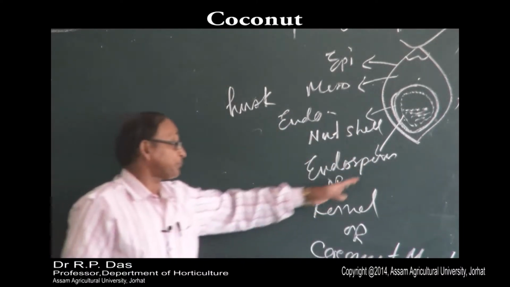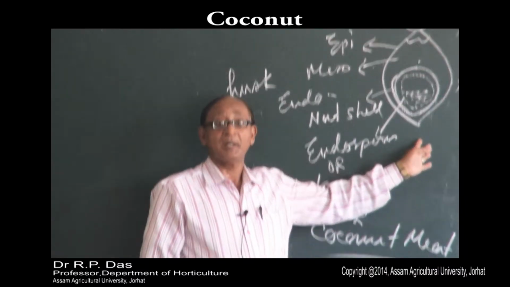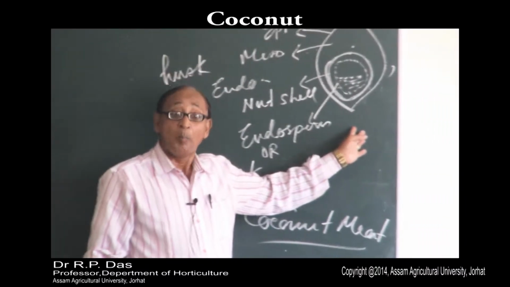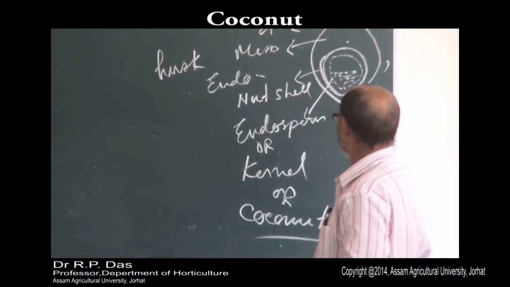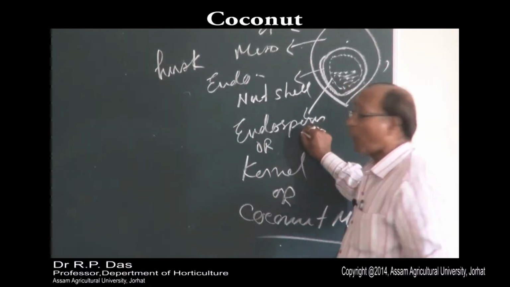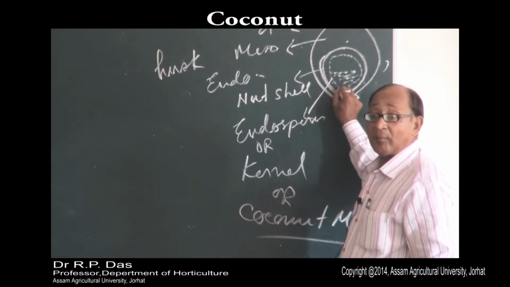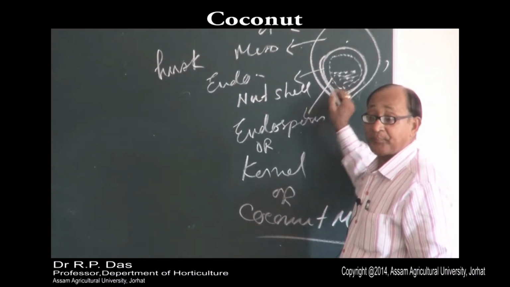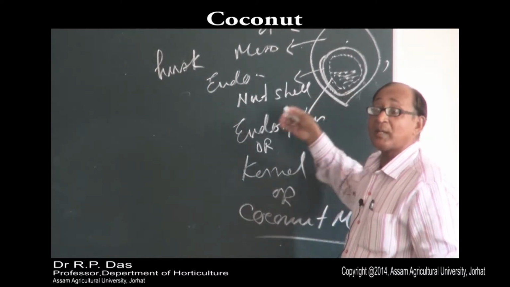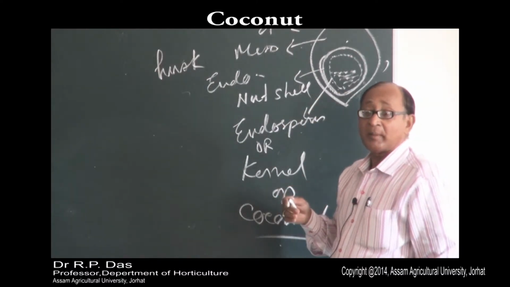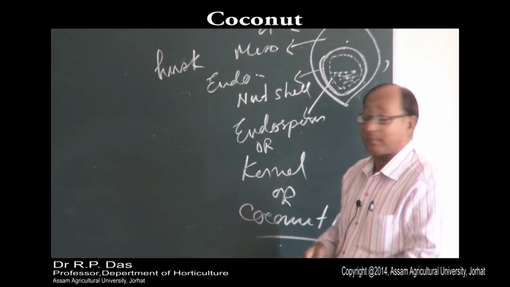So, depending upon the component of the crop concerned, sometimes you will find endosperm mostly for physiological processes like germination and seedling growth, but kernel generally when we are using it for preparation of food items.